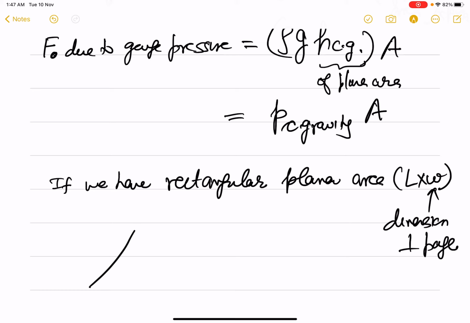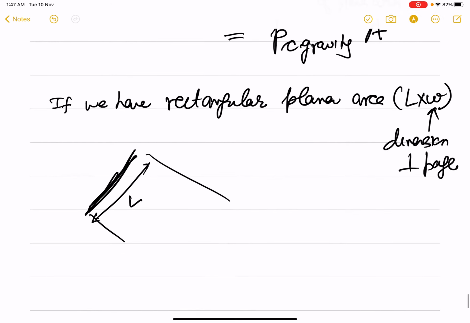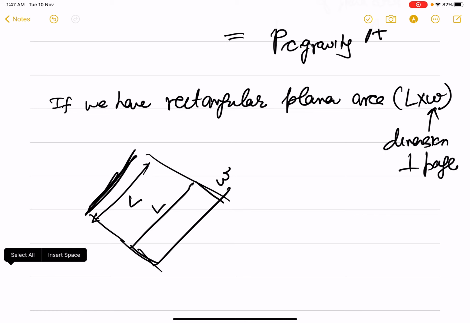So this is the area, this total length is L, and if I look at this area in this dimension, then this is equal to L times W.